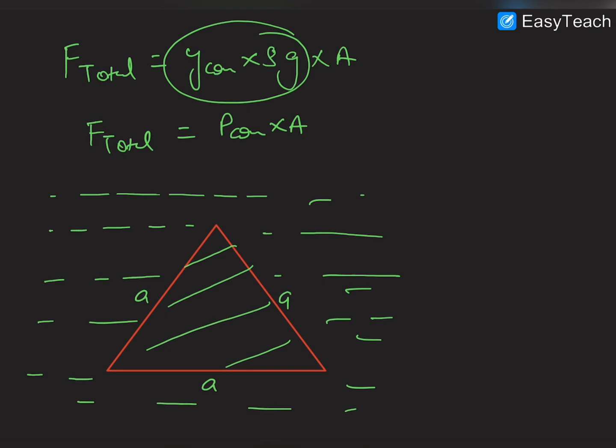But if we need to find out the force acting on this triangle from one surface or one face, the force on one face will be easily calculated without integration by using that trick.